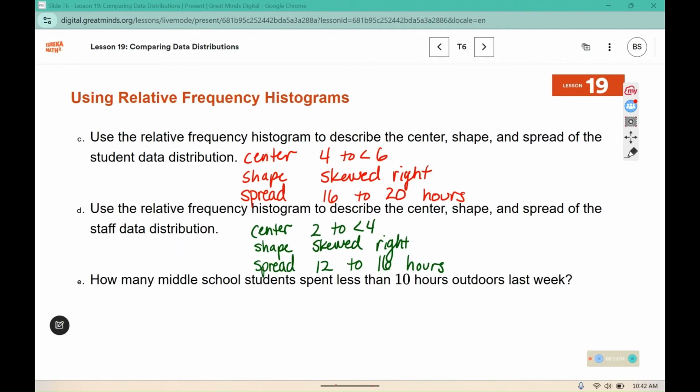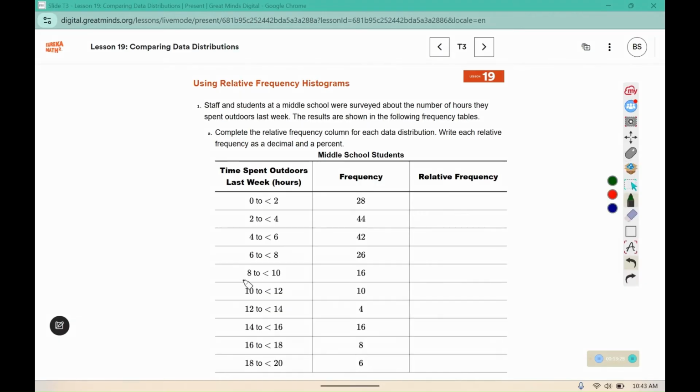Then part E, how many middle school students spent less than 10 hours outdoors last week? For this one, we would use the regular frequency instead of the relative frequency. So let's go back and look at how many students spent less than 10 hours outdoors. Here is the up to 10 hours.